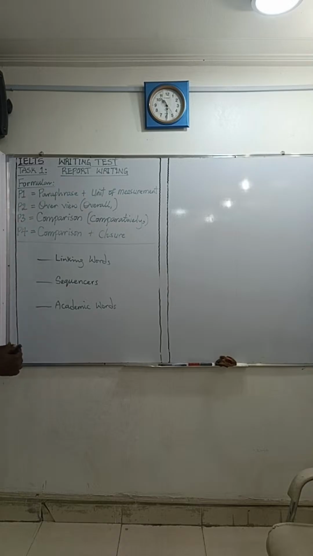When you look at a particular question and you want to treat a particular part of the chart, you raise that part and talk about it. If you have more information to bring in, that's where sequencers come in. Use furthermore, you continue again. More so, you continue and all that. So that's how to bring in sequencers as you treat your report.